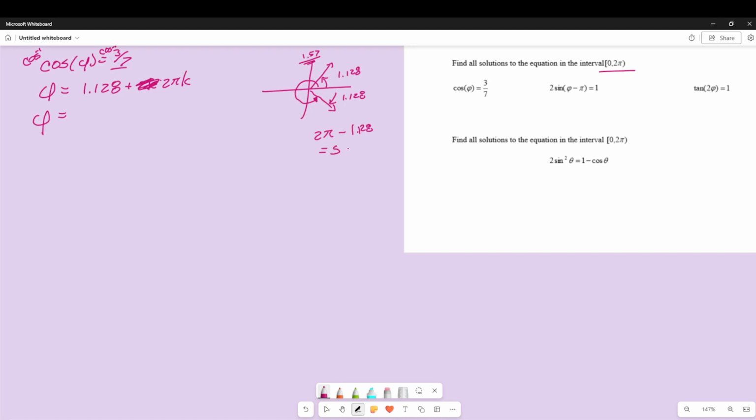5.155. And that seems like a reasonable angle to be in quadrant 4. Remember, quadrant 4 ends at 6.28, which is 2 pi. So 5.155 plus anything coterminal, that's your general solution.